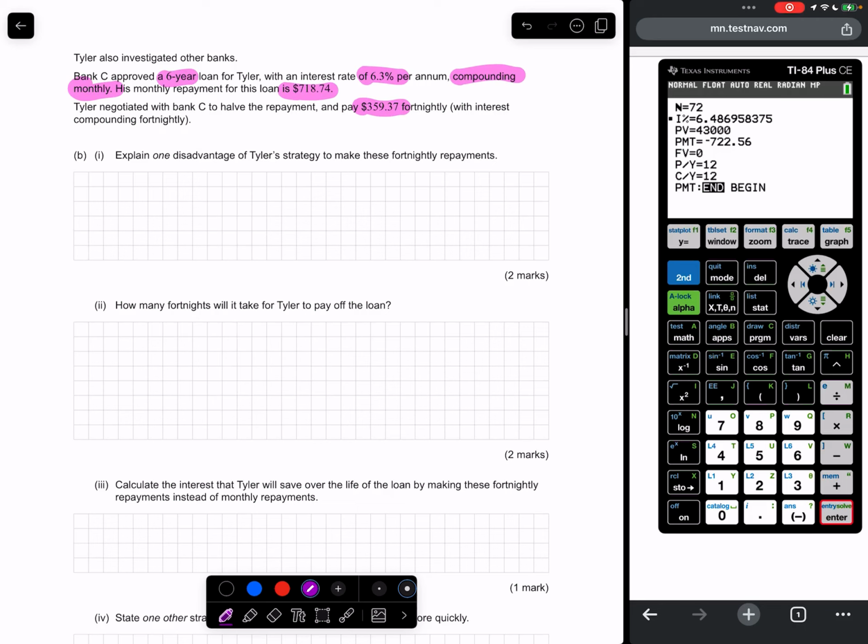What's the disadvantage of this? Give you a couple of options. Need to have money ready more often, which might be hard if he sucks at budgeting.